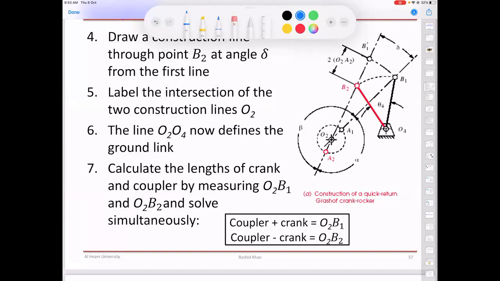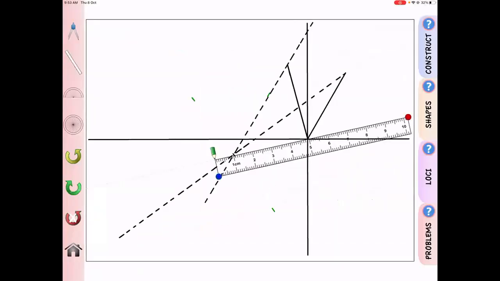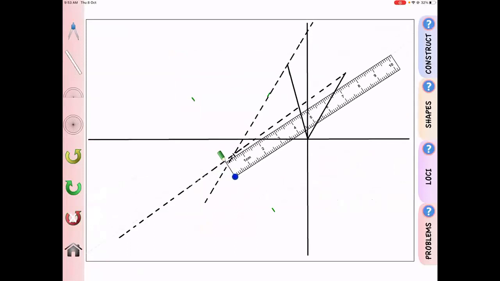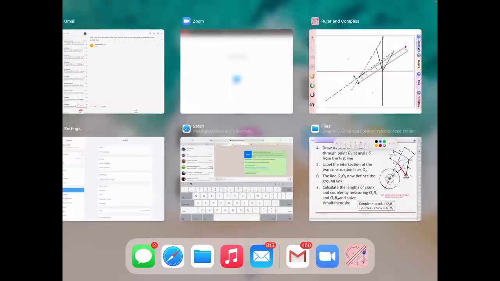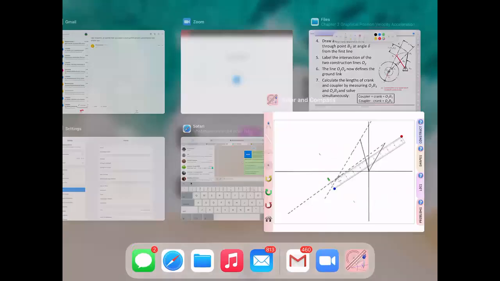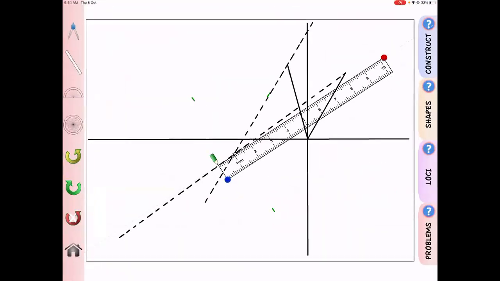Okay, so let me just try to measure. What we need actually, we need to measure the crank.